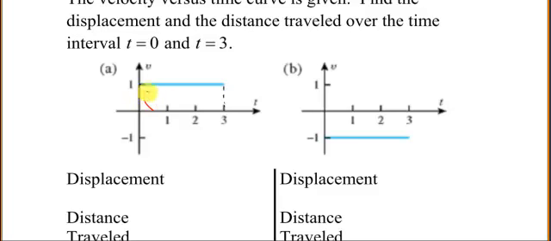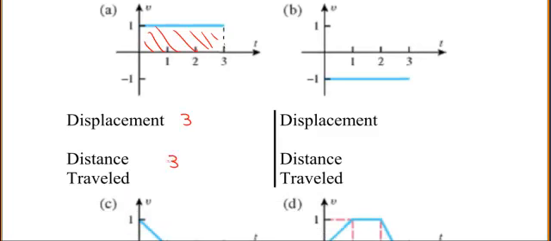It would be 3 times 1 is 3. Actually I should say that would be the displacement, and since it's positive, 3 would be the distance. For this one, same thing, except now I get a negative displacement because the velocity is negative, so negative 3 would be the displacement.